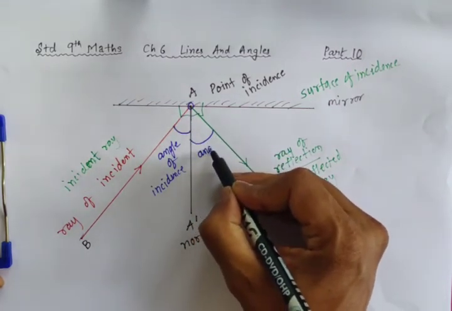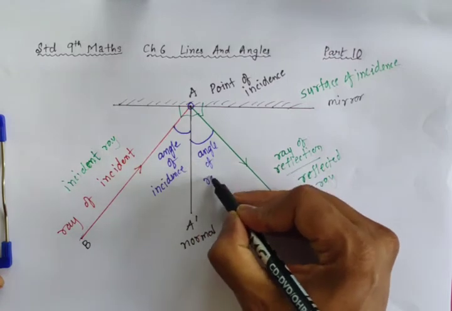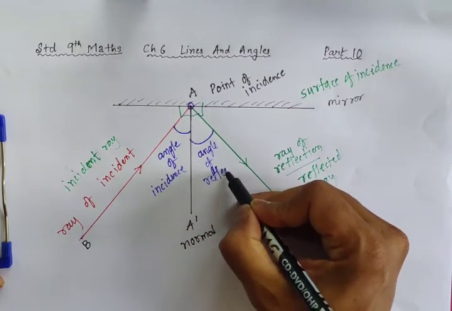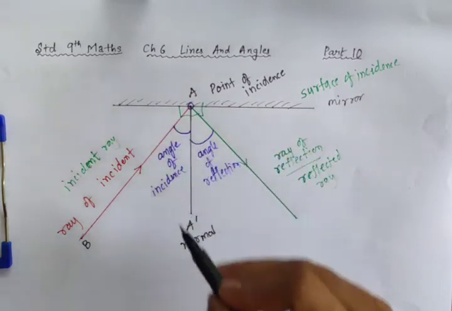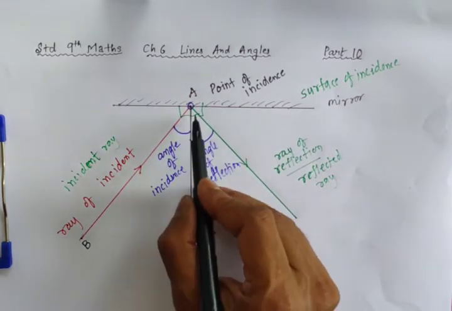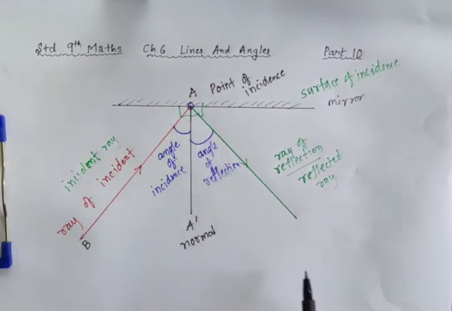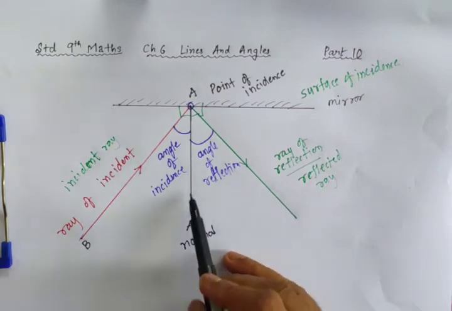This is called the angle of reflection. Now, according to the law of reflection of light, the incident ray, the red one you see, and the reflected ray, the green one you see, are on the opposite side of the normal.